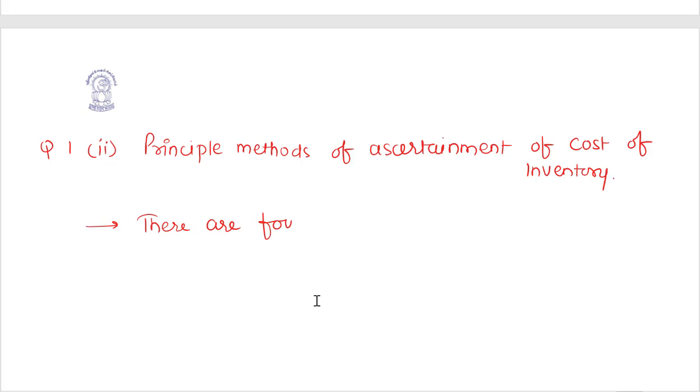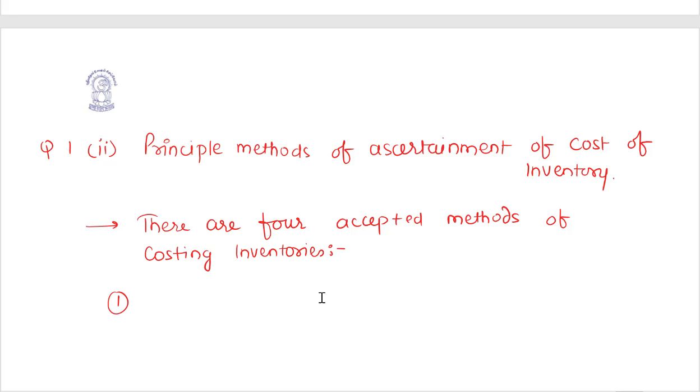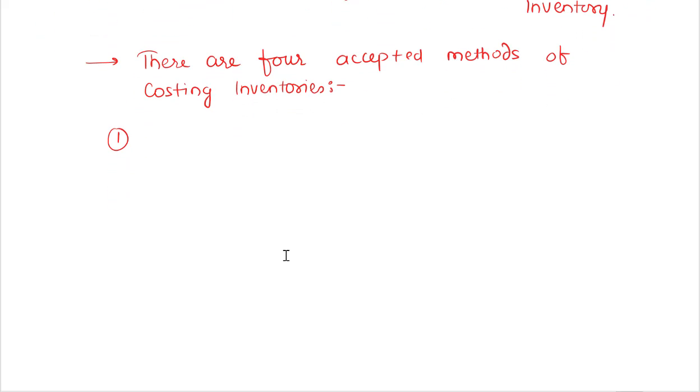There are 4 accepted methods of costing inventory. First, specific identification method.